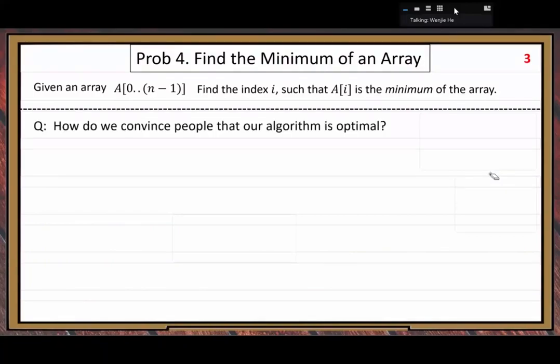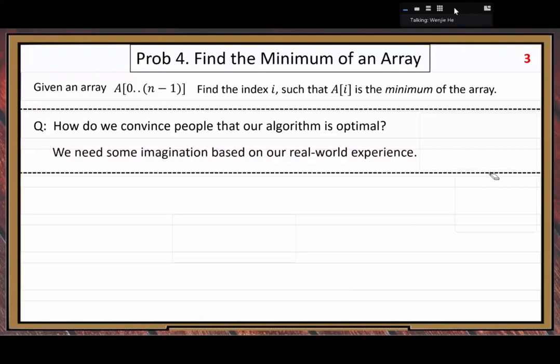How to convince people that our algorithm is optimal? We really need to understand the problem well. And here we need some imagination, because we need to make a story. When we convince people, we need to make a convincing story.